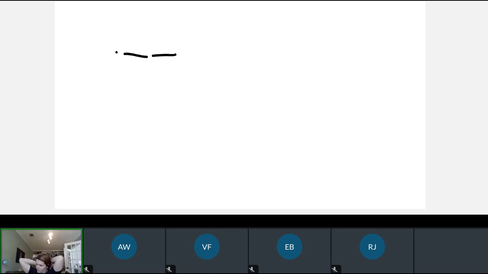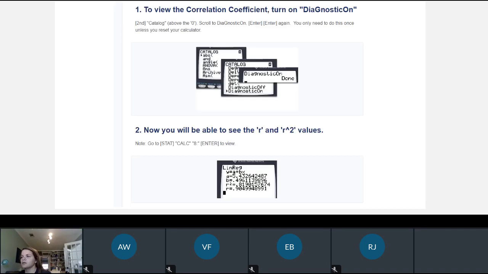Okay, are you using a graphing calculator or Desmos? Sky, you're good to go. I'm using the graphing calculator. Okay, I'm going to have you go through these steps on your calculator because we have to have our diagnostic on, which allows the R to pop up when we run a linear regression.